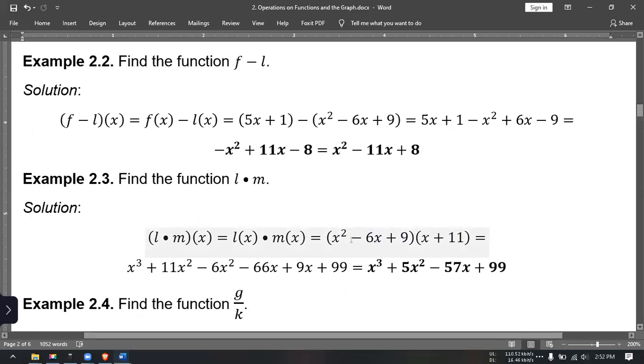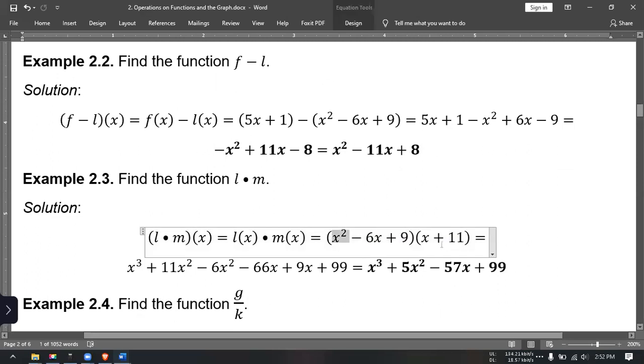I repeat, we have to distribute every term of L to every term of m. So for example, we have this first term, x squared. X squared will be distributed to x, giving us x squared times x, we have x cubed. X squared times 11, we have 11x squared.